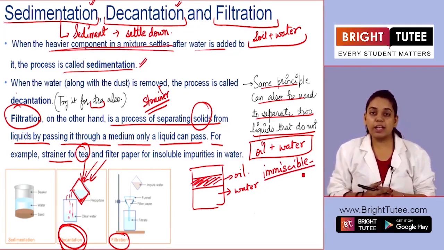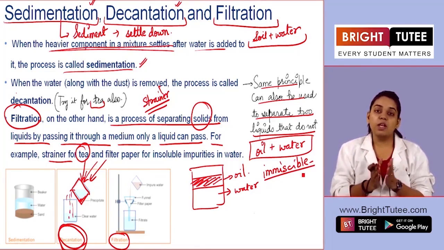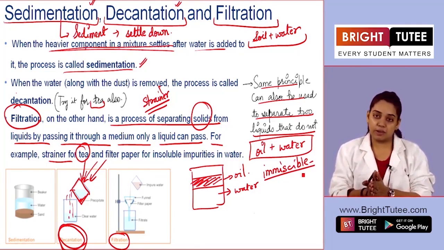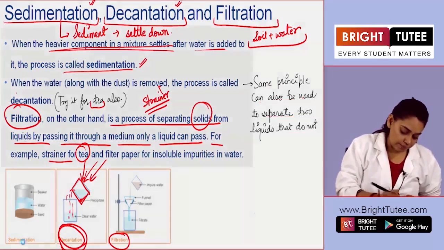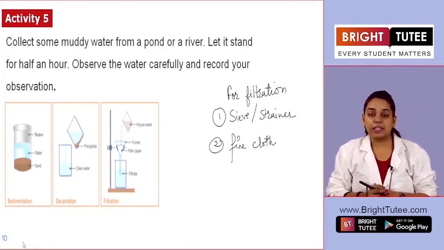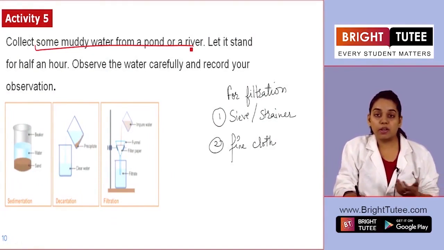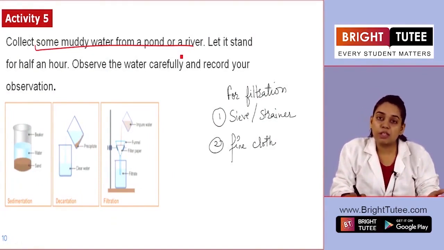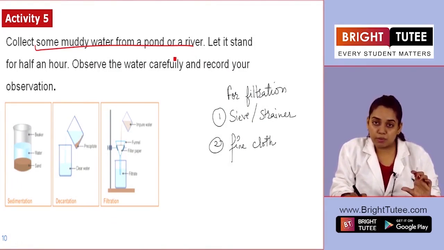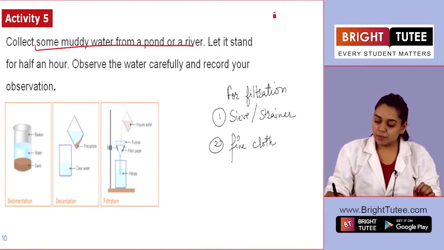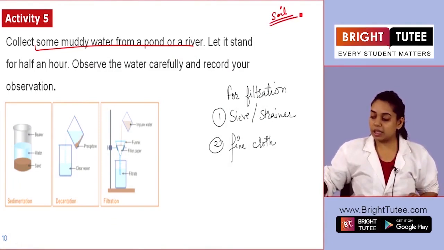Let us now move ahead and understand the process of sedimentation, decantation and filtration with the help of an activity. So in this activity, you will have to collect some muddy water from a pond or a river, and if you do not have a river or a pond near you, you can take some small amount of water and add soil to it, and we have already done it for you.